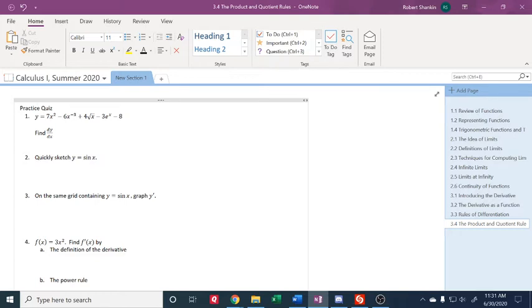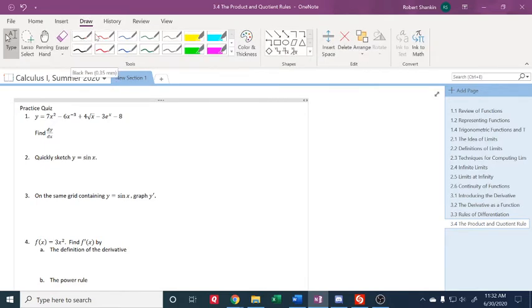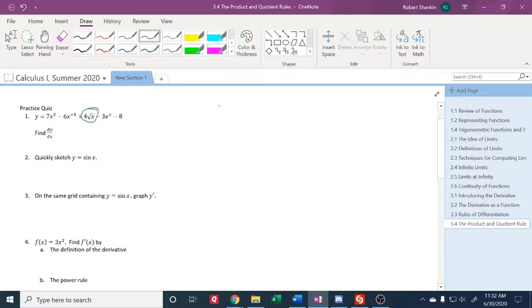So let me give another minute. Okay, so on problem number 1, the format for this one right here is not in the ideal format.